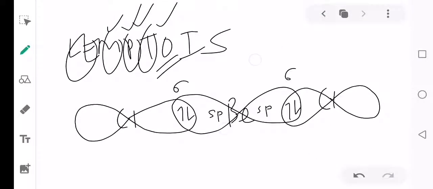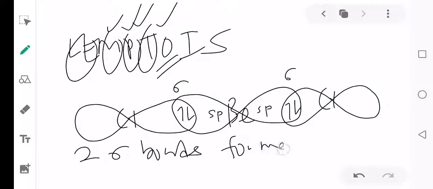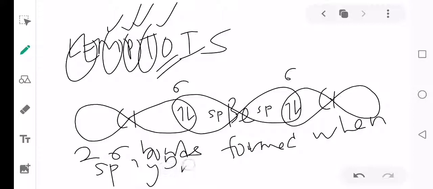Alright, so you can say that two sigma bonds form when sp hybrid orbitals overlap.